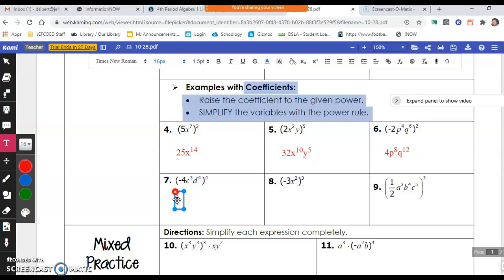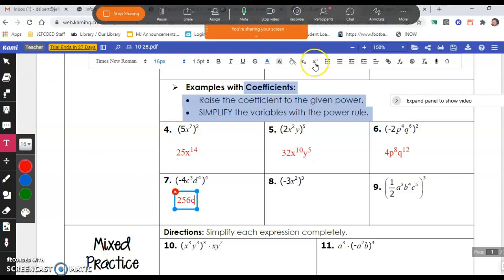What is negative 4 raised to the power of 4? 256. Good. C is going to be raised to the power of what? 12. And D will be raised to the power of 16.